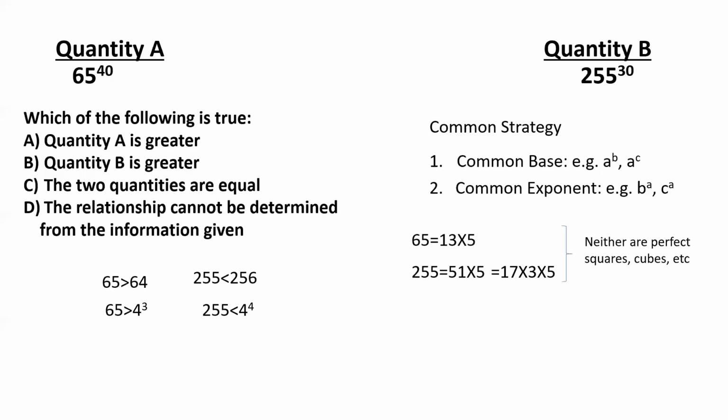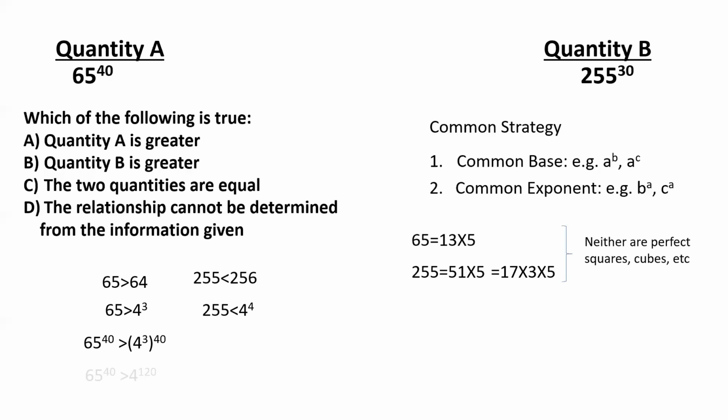Now, we want to get the quantities A and B on either side of those two inequalities. So let's start with quantity A. If we raise this inequality to the power 40, then the inequality is still preserved. So we have 65 to the power 40 is greater than 4 cubed raised to the power 40.